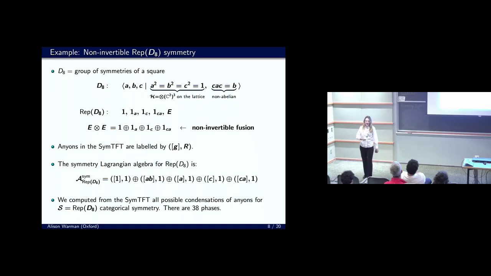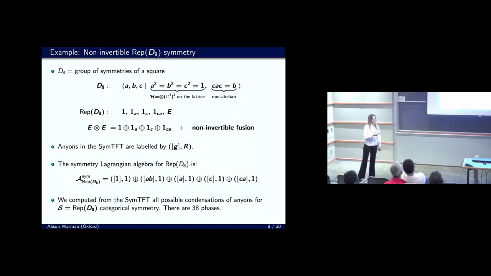Now, the anyons in the SymTFT are labeled by conjugacy classes of G and representations of the centralizer. So if we want the symmetry to be generated by the representations, we have to condense the conjugacy classes. So this is the symmetry algebra for Rep D8, which shows us that these anyons become trivial.